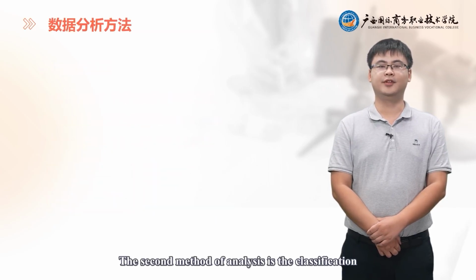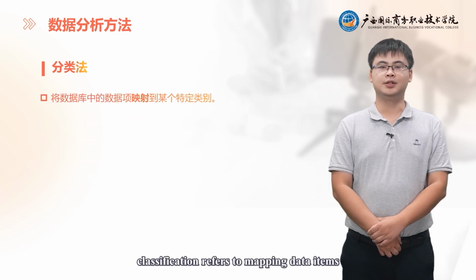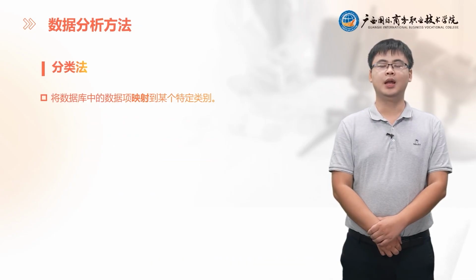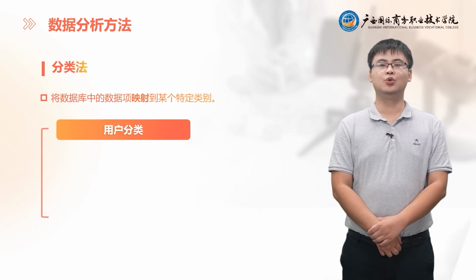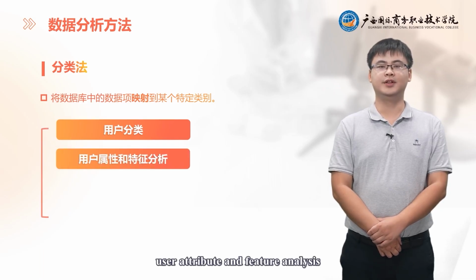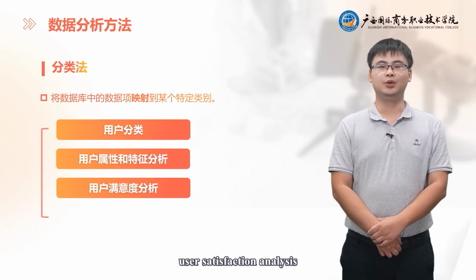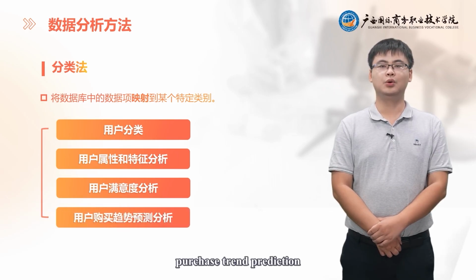The second method of analysis is the classification. Classification refers to mapping data items in a database to a specific category. It can be applied to user classification, user attribute and feature analysis, user satisfaction analysis, purchase trend prediction, and more.